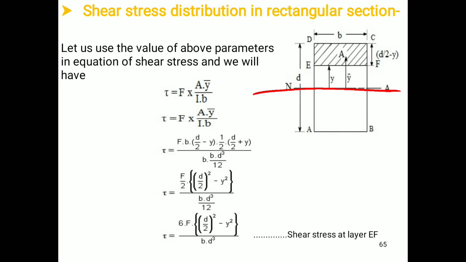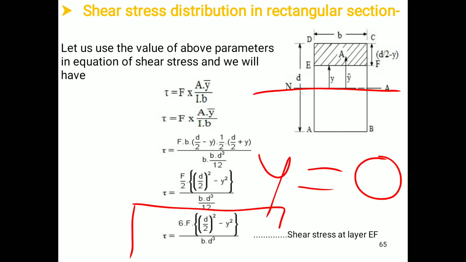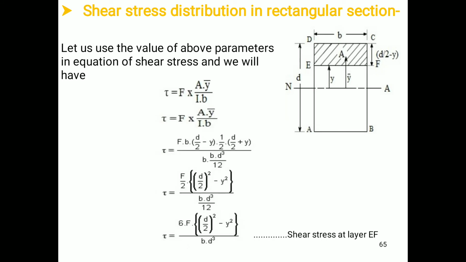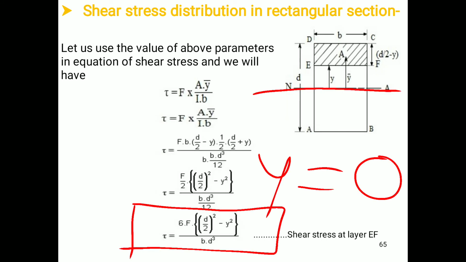If you put y equal to 0 into this equation, then we will have tau maximum, and that tau maximum will be 6F into (d by 2) square upon b d cube. This is the value of maximum shear stress when y is equal to 0, and we have y equal to 0 at the neutral axis. Therefore this is the value of maximum shear stress.